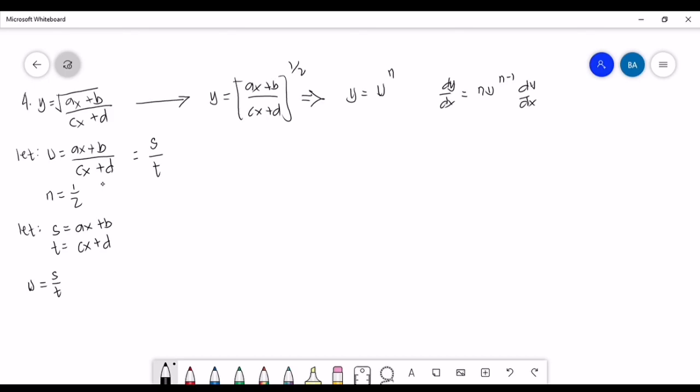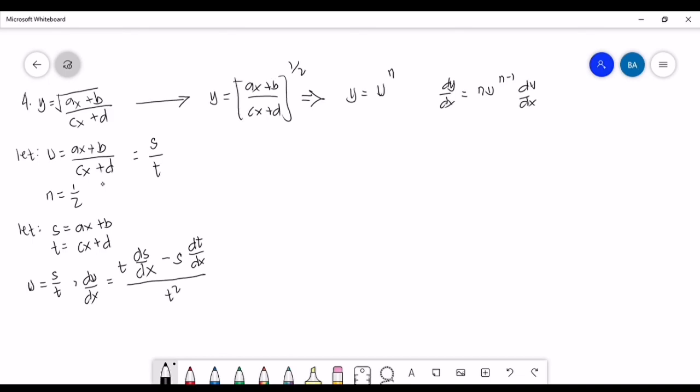So to find du with respect to x, this falls under the quotient rule. In the quotient rule, if we have s divided by t, the derivative is t times the derivative of s with respect to x, minus s times the derivative of t with respect to x, divided by the square of the denominator, which is t squared.